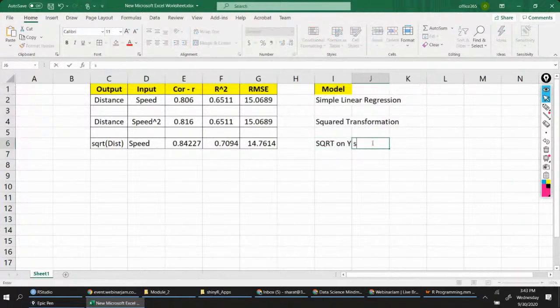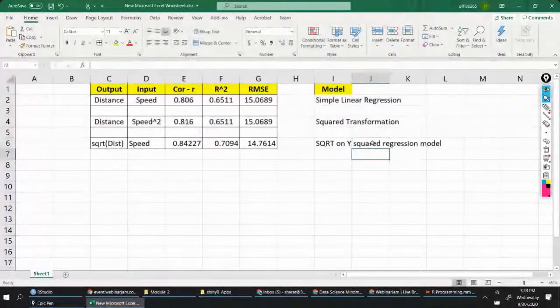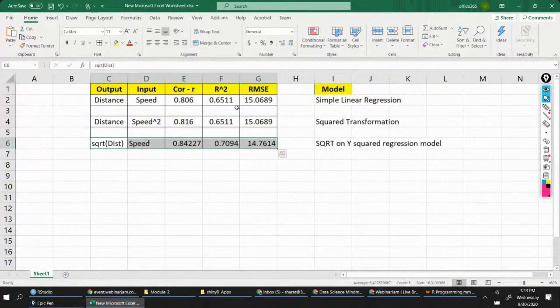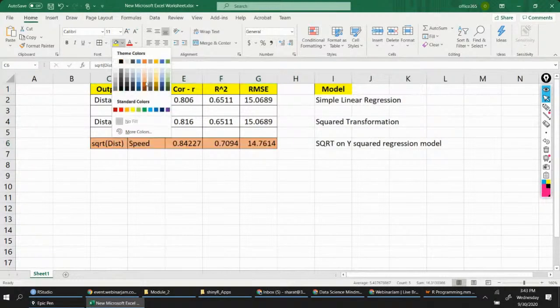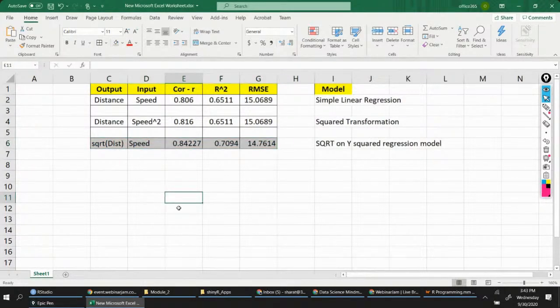So the model is called a squared model. So that's basically what is giving us the best result among the 3 results that we tried out.